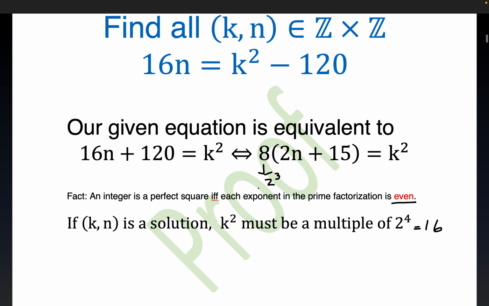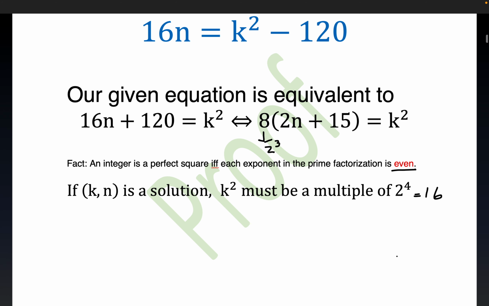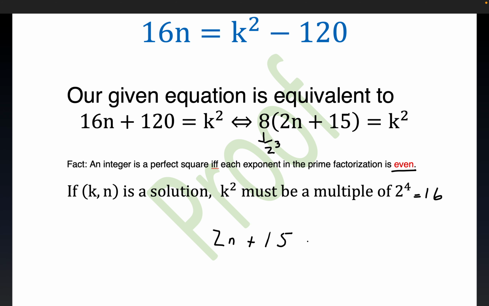But in order for k squared to be a multiple of 16, which is forced, we would have to have 2n plus 15 be even. Right, folks? And I hope that makes sense. It's fairly clear.